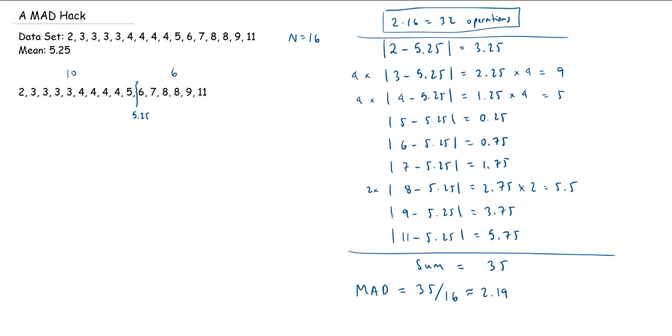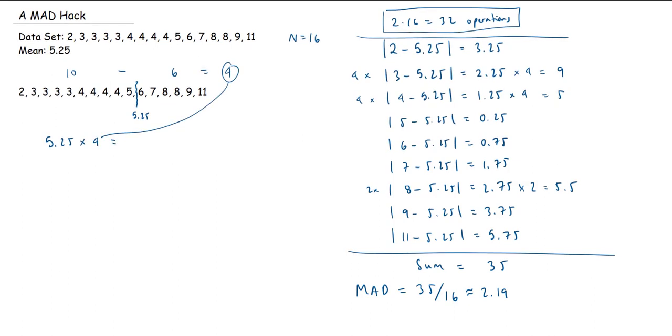Next, I'm going to subtract the number on the right from the number on the left. So here I get 10 minus 6 is equal to 4. No problem, right? Now I want to multiply this difference by the mean. So I'm going to compute the mean, 5.25, times this number 4.